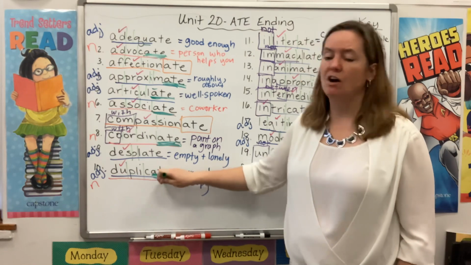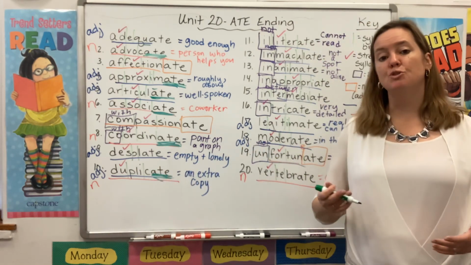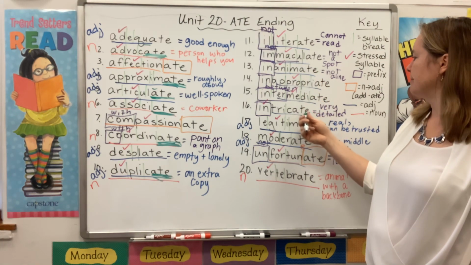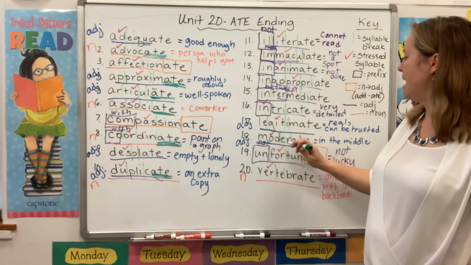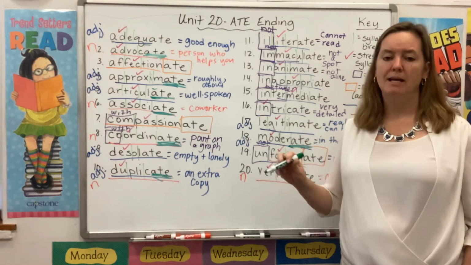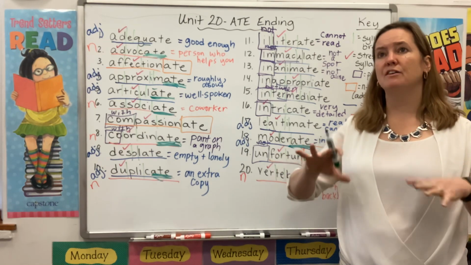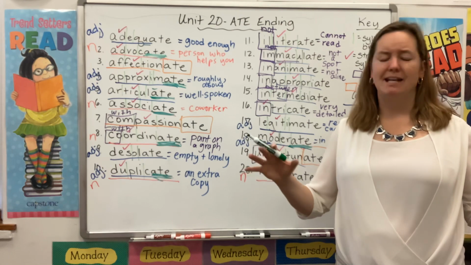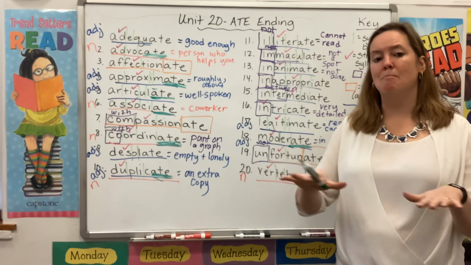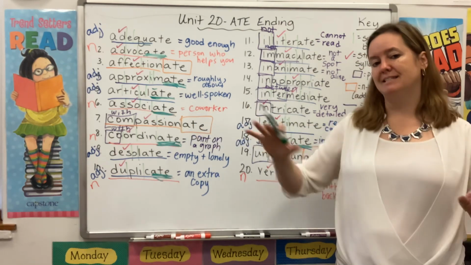Duplicate can also be used as a verb. When you make copies of something, you are duplicating them. Moderate can also be used as a verb, right? If something's moderate, it's in the middle. So let's say there's a debate for the national election, you need a moderator, somebody sitting in the middle who can moderate, who can say, okay, now you talk, now you talk, let's take turns.